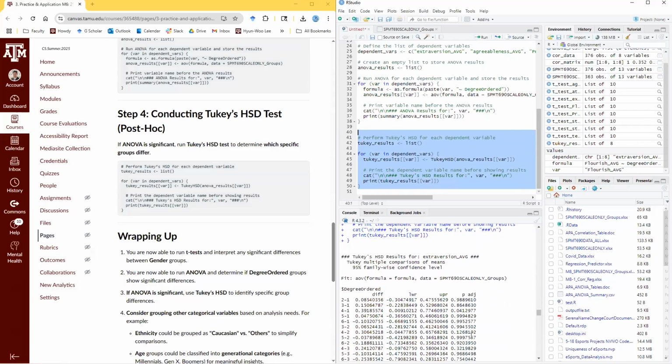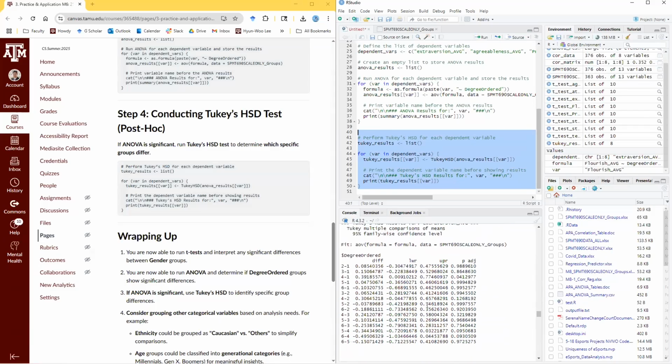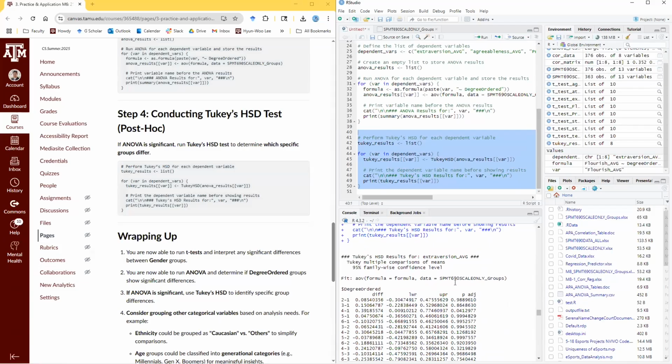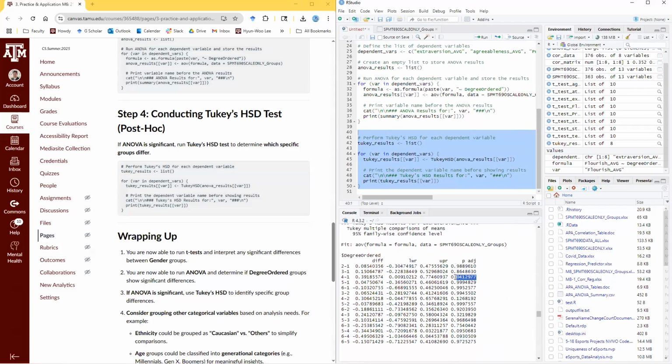So if we look at the first one, which is for extroversion, it had only one significant difference where the p-value was smaller than 0.05, which was that compared to freshmen, it looked like seniors had a significant level of extroversion compared to freshmen.